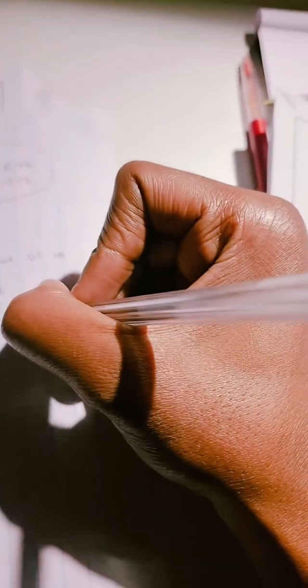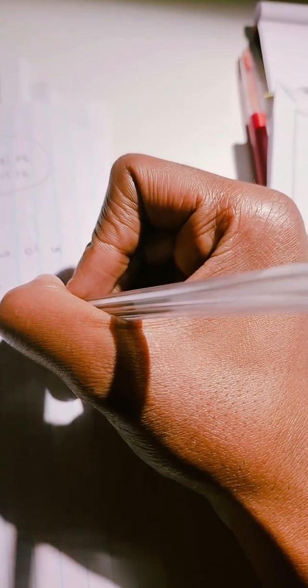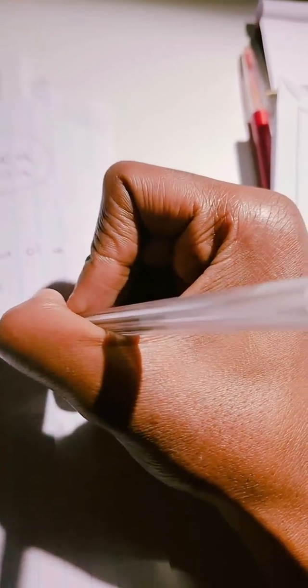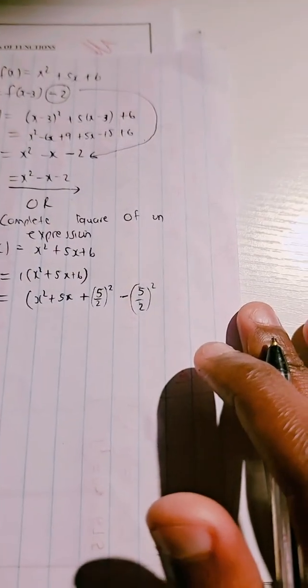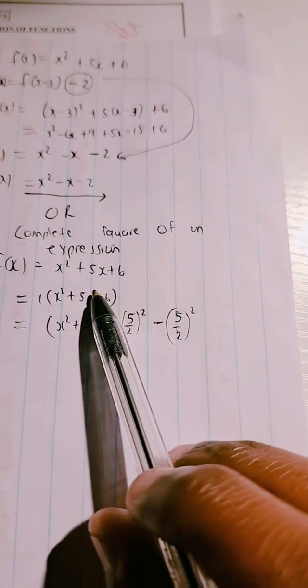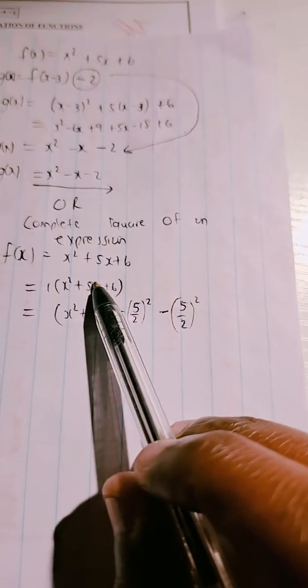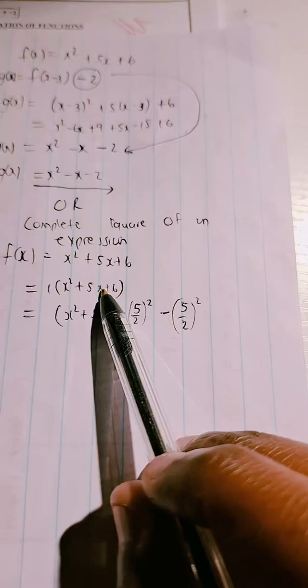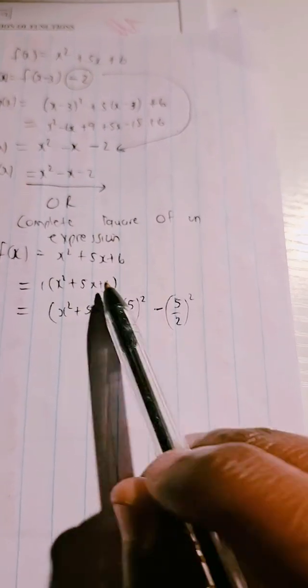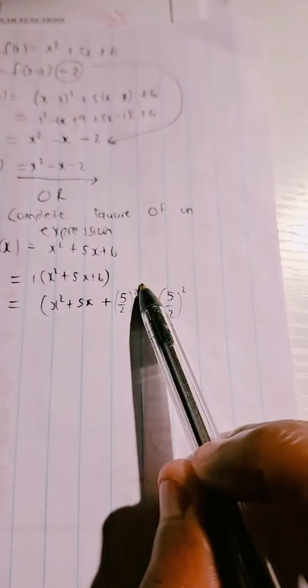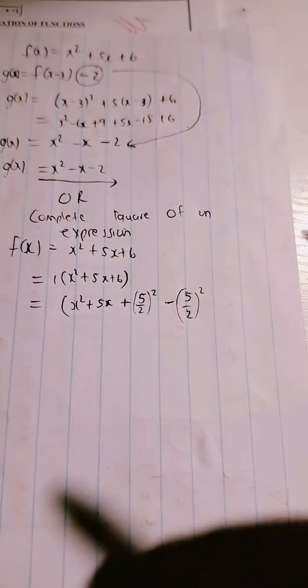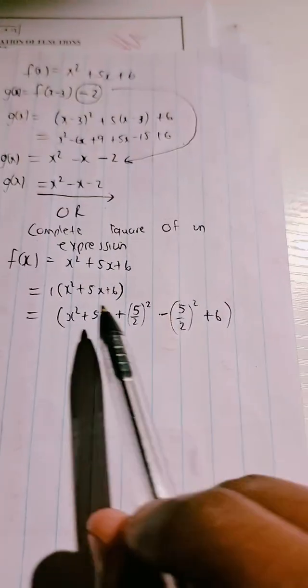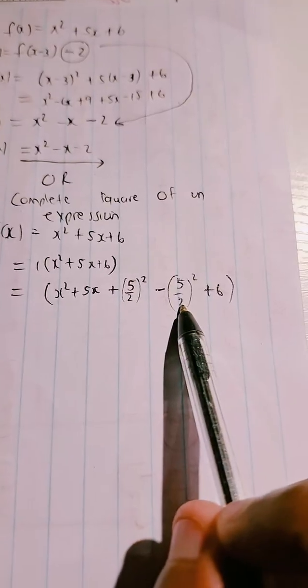You do the same thing, minus 5 over 2, you square it. So remember, what we do is we take the coefficient of the middle term, which is 5, then we multiply it by half, and then we square it. That is basically the rule when you complete the square of an expression. Plus the 6, of course. So you add this and you subtract the same thing.